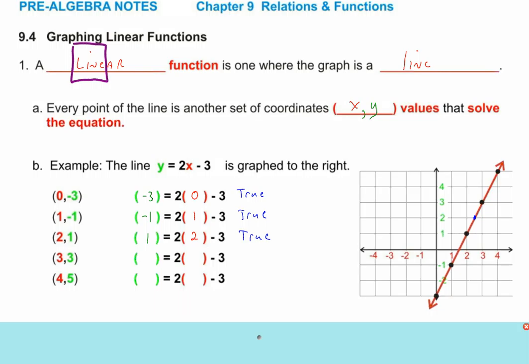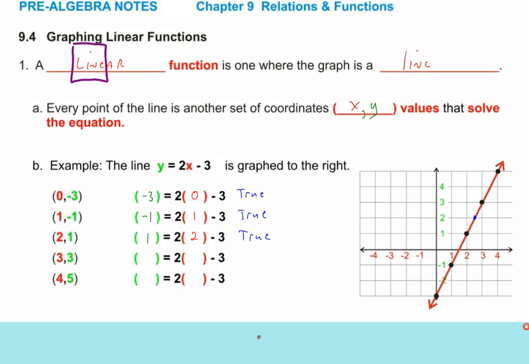But I think it's 2.5. So let me try it. Don't do this in your notes. 2.5 is the x, and 2 is the y. 2 times 2.5 is 5. 5 minus 3 is 2. Oh, 2 equals 2. I did get it right, but I was guessing that was 2.5. But understand, any point on the line.